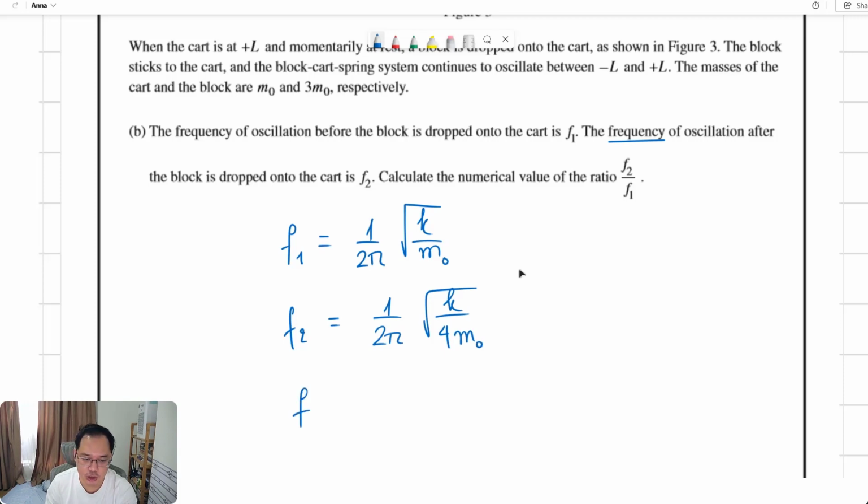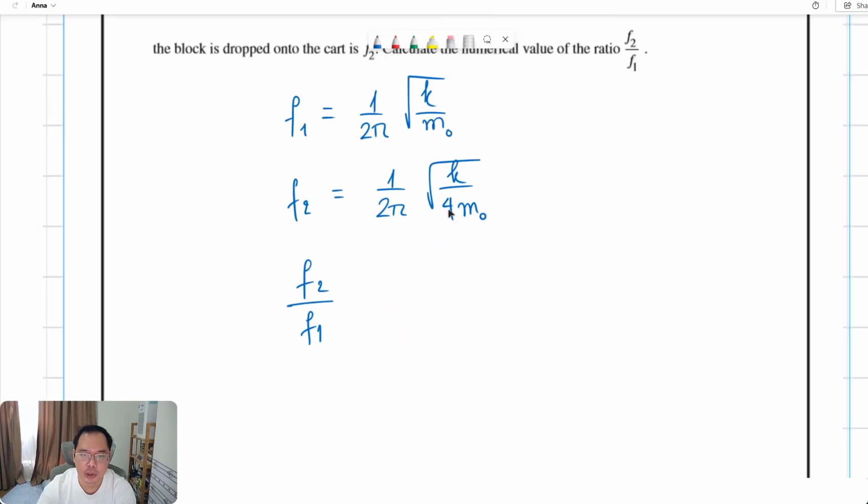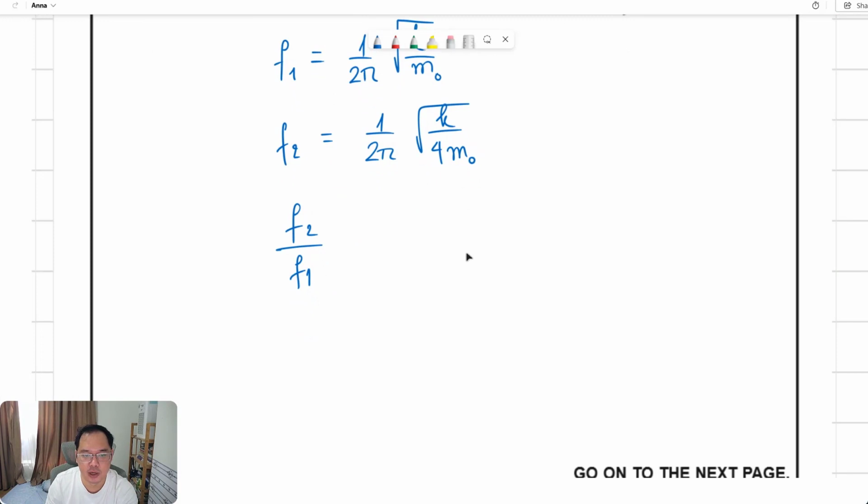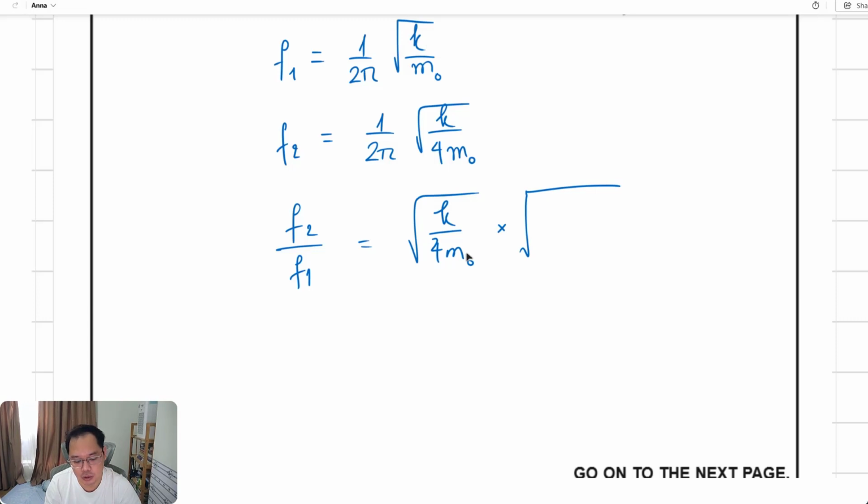Okay, so for the ratio between f2 and f1, we take these two things and divide them. The 1 over 2 pi simplify each other. So I will take this one, square root of k over 4m0, divided by, so I will multiply it with the reciprocal of this thing, the ratio between k and m0, meaning this is m0 and this is k.